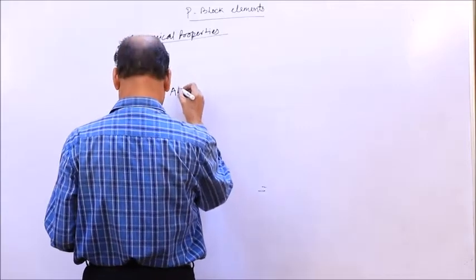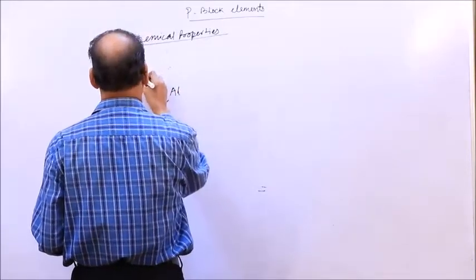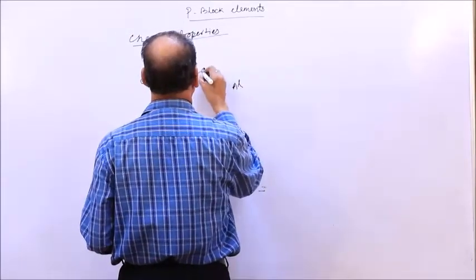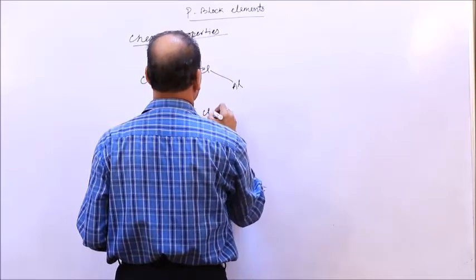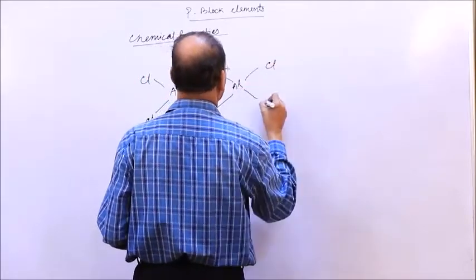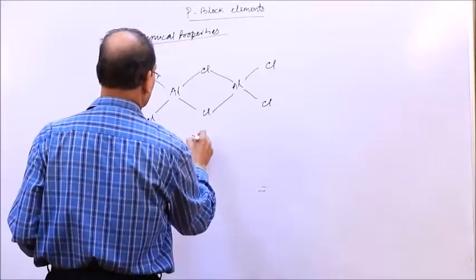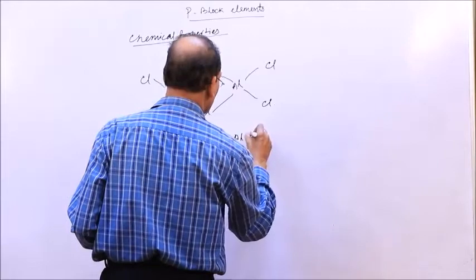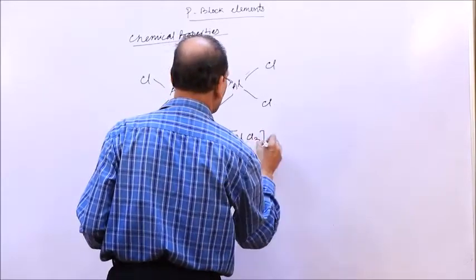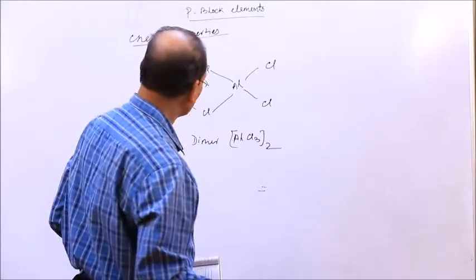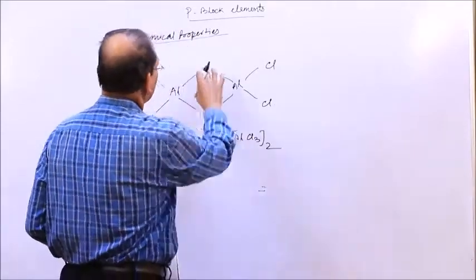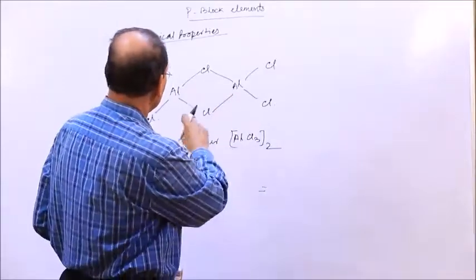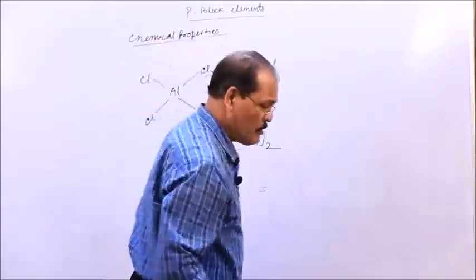Aluminum chloride forms a dimer structure, that is, two chlorine atoms bridge the two aluminum atoms, so that it gives a dimer molecule.